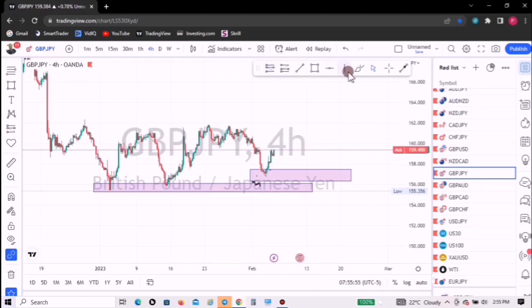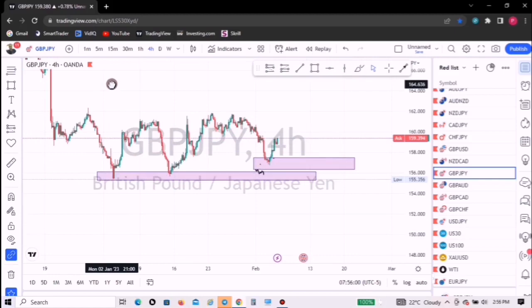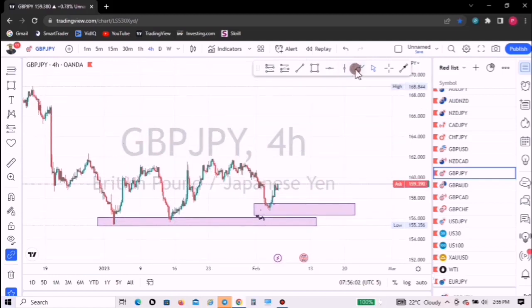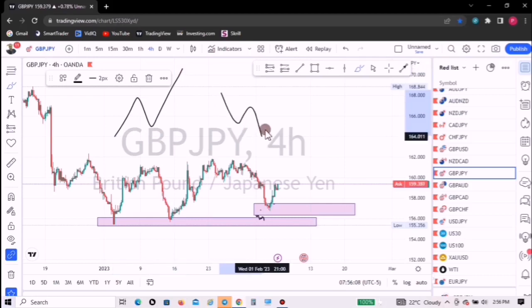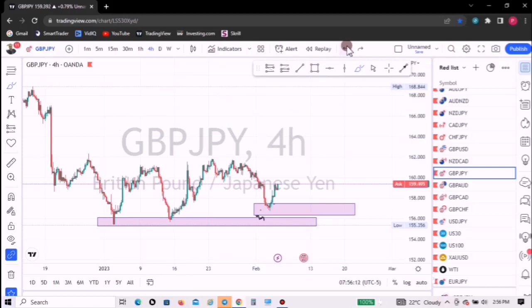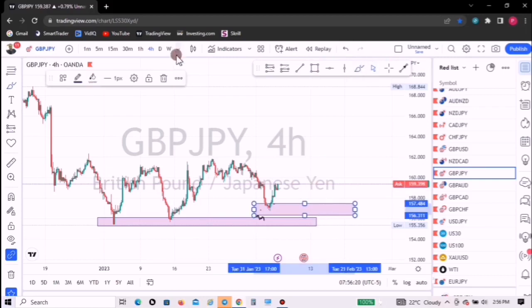You mark the lowest and the highest point if price is trending. If price is trending either upwards or downwards, that is where you mark the highest and lowest points. If price is ranging, like in this case, there's not much need for marking the highest and lowest point.